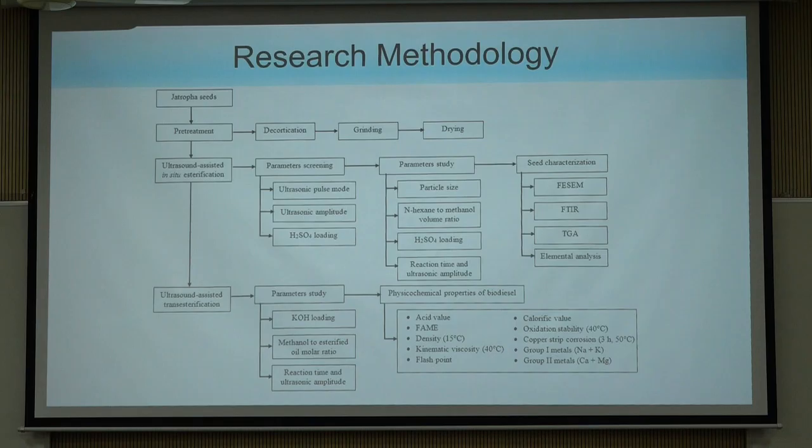But for this jatropha oil, we didn't do much pre-treatment. We just do grinding and drying only. After that, we go to the ultrasound-assisted in situ esterification and transesterification process without the extraction.